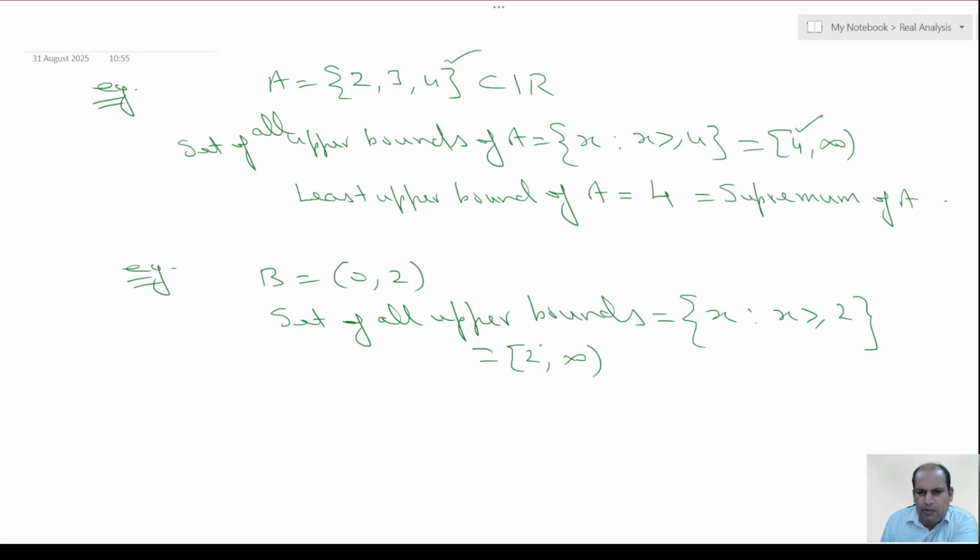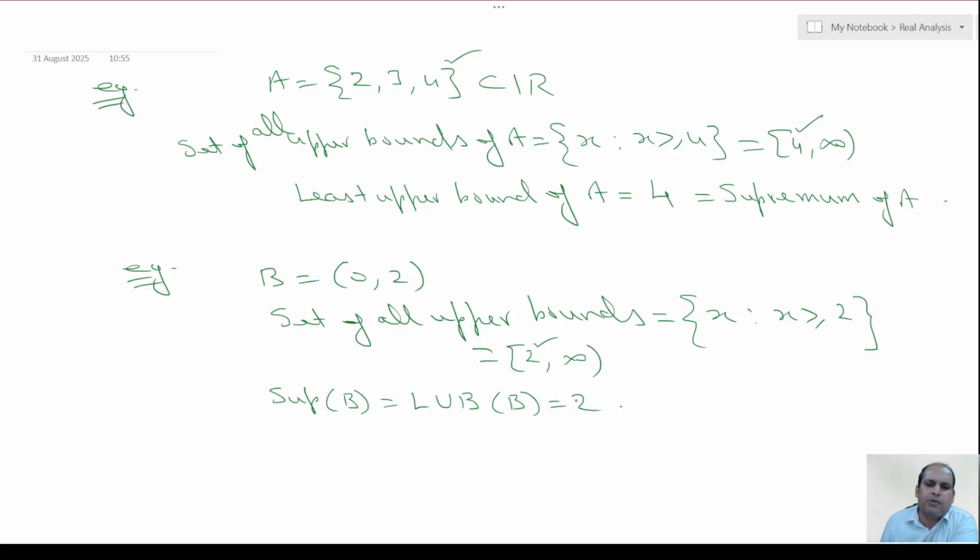Now, from all these upper bounds, the least one is 2. So, I can write that the supremum of set B, or least upper bound, in short LUB, of the set B is equal to 2. So, this is the idea.